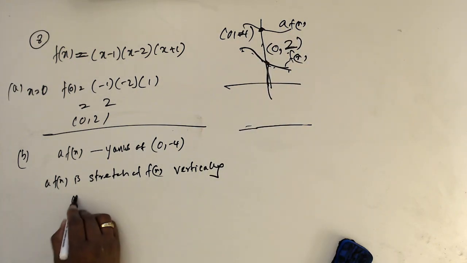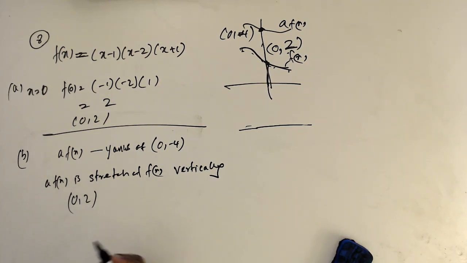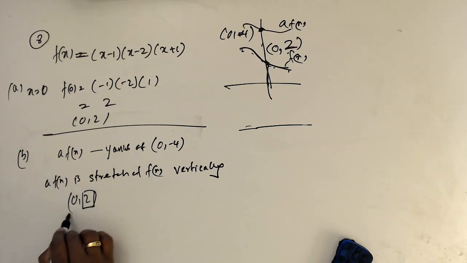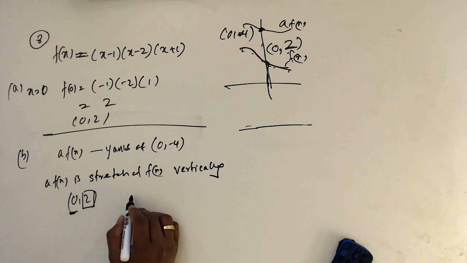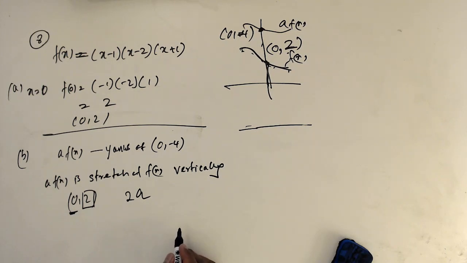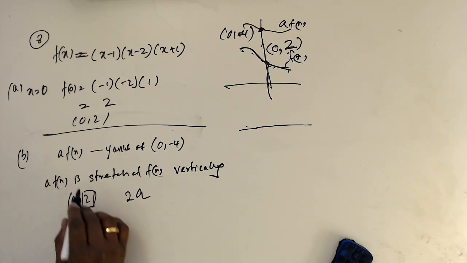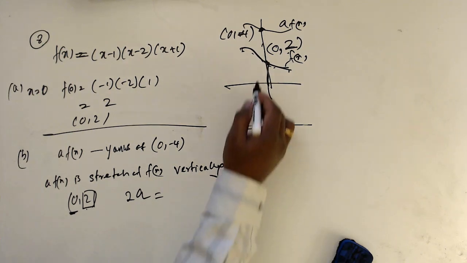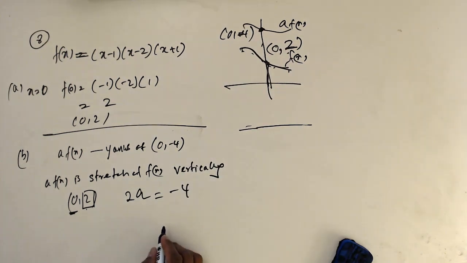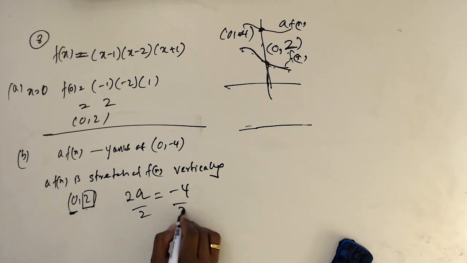So I take the point (0, 2), then I pick up the y value. x stays the same, and I multiply the y value by a. Now it becomes -4. Then I can divide both sides by 2, so a equals -2.